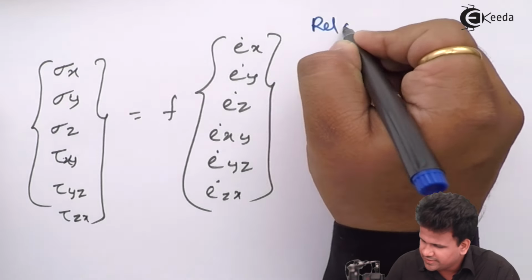Similarly, tau yz will be equal to mu into dou w by dou y plus dou v by dou z, and the last part, tau zx, is equal to mu into dou w by dou x plus dou u by dou z. So these are the solutions of the equations which we have got: sigma x, sigma y, sigma z, tau xy, tau yz and tau zx.